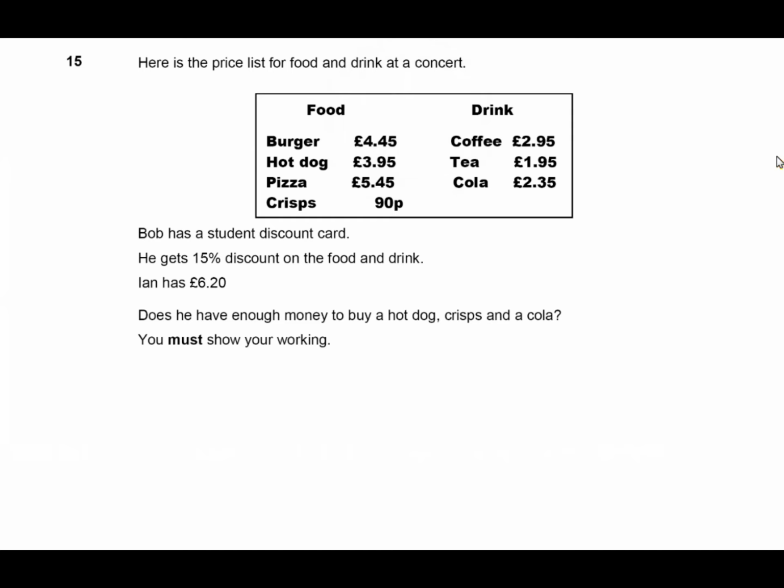Question 15. Here are the prices for a list of food and drink. Bob has a student discount card and he gets 15% discount on food and drink. Ian has £6.20. Does he have enough money to buy a hot dog, crisps and a cola? So the hot dog is £3.95. The crisps are 90p. And the cola is £2.35.